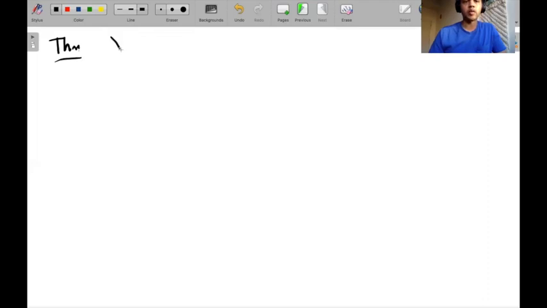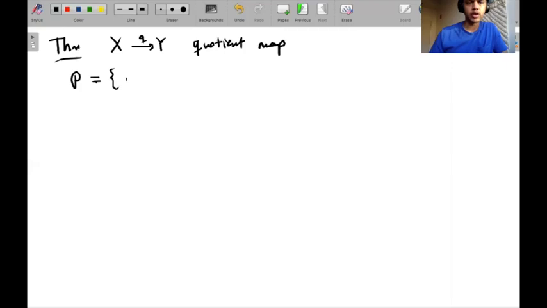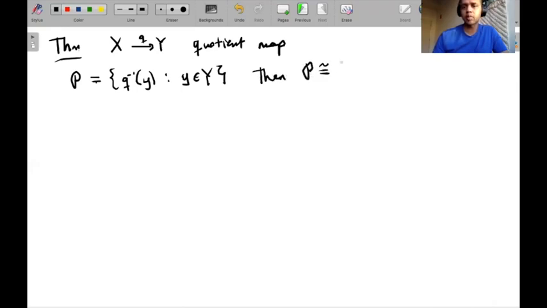Let X to Y be a quotient map, and let P be the associated partition of X, as I defined before. You just look at the preimage of each point, and that gives you the elements of the partition. Then P, with its quotient topology, is topologically equivalent to Y.